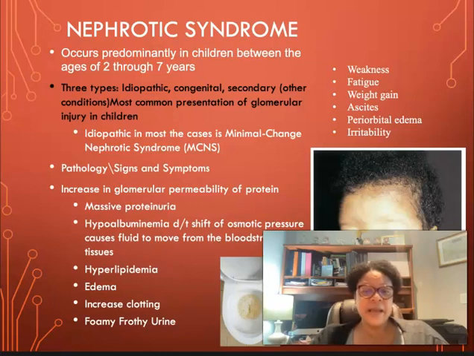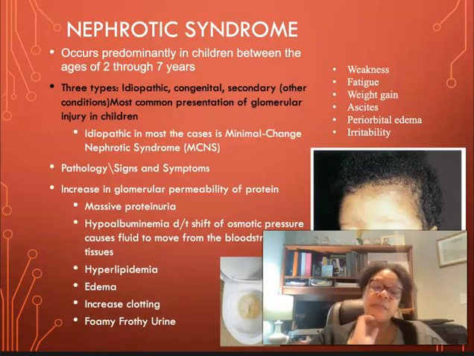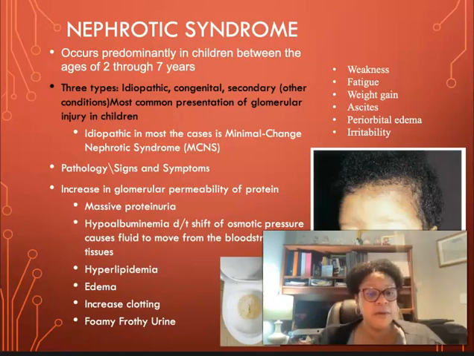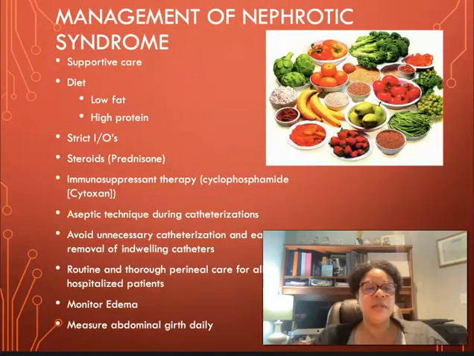They also have ascites, and that is because of the edema, as well as the shift in osmotic pressure and the wasting that they're having. Because you have spilling of proteins, you're going to have that foamy, frothy urine that I talked about before. Okay, foamy, frothy urine.